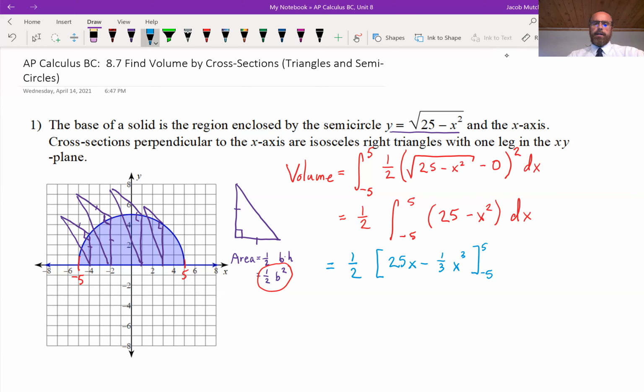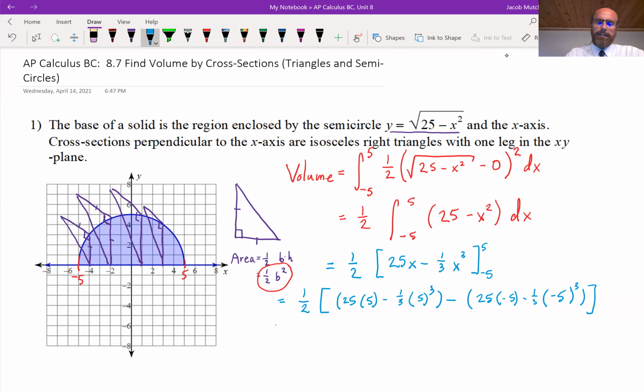So we're ready to evaluate the definite integral according to the fundamental theorem of calculus. This is equal to 1/2 times bracket 25 times 5 minus 1/3 times 5 cubed, minus the same expression now evaluated at -5. So 25 times -5 minus 1/3 times -5 cubed.